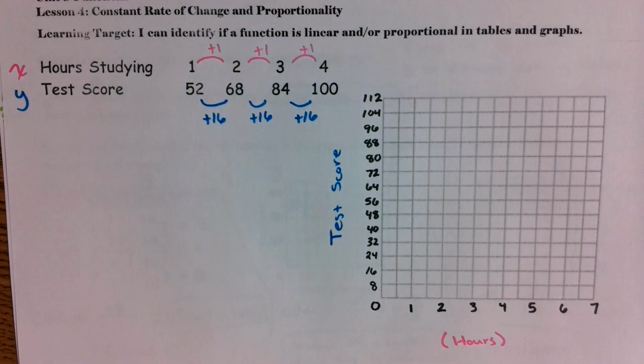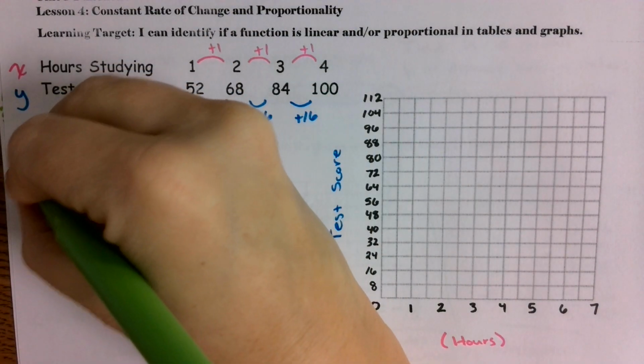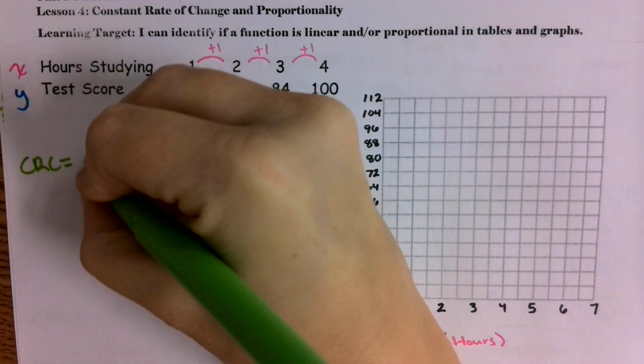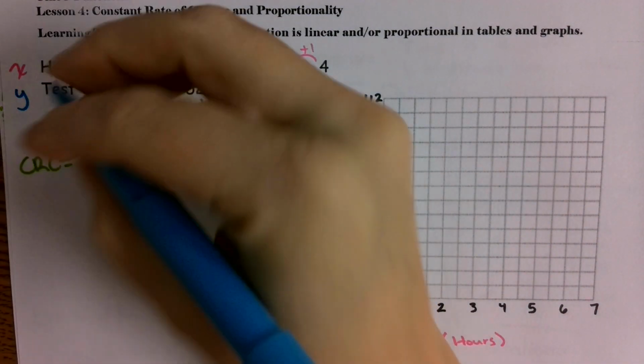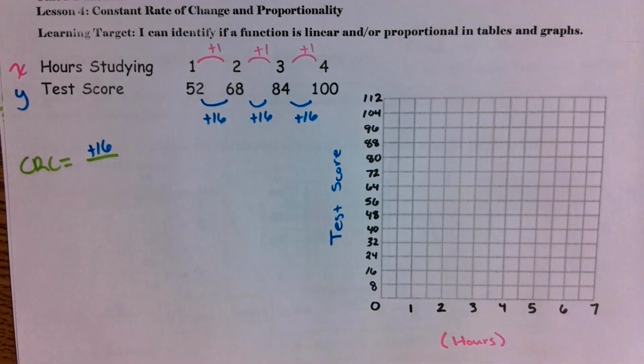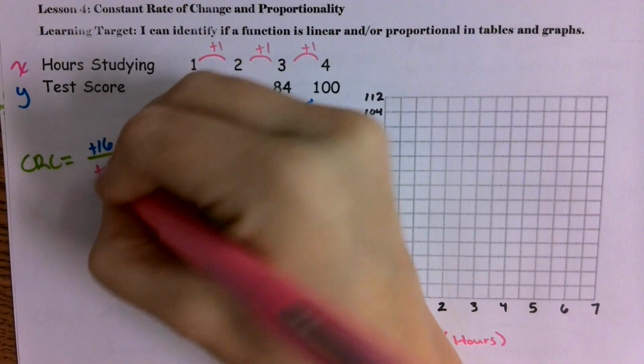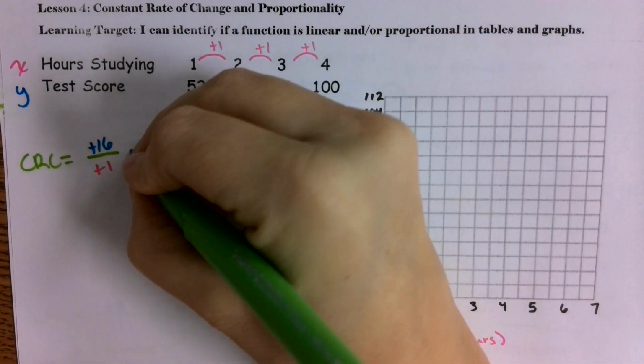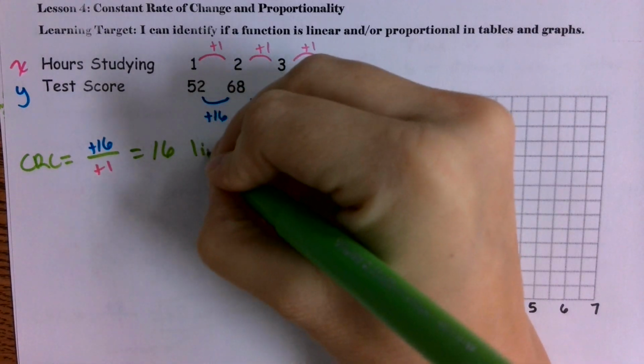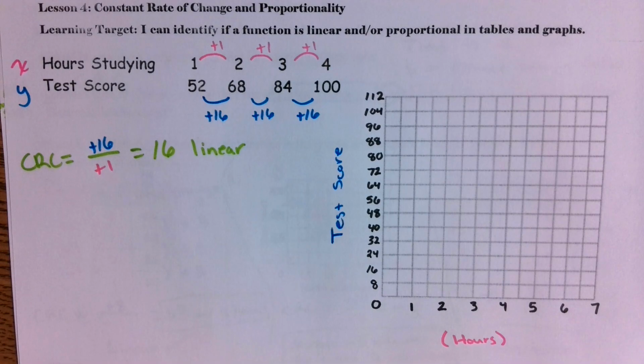Okay, so we do have a constant rate of change. That's going to be 16 over the 1. Okay, so that does make it a linear relationship. Okay, it is going to be a straight line.